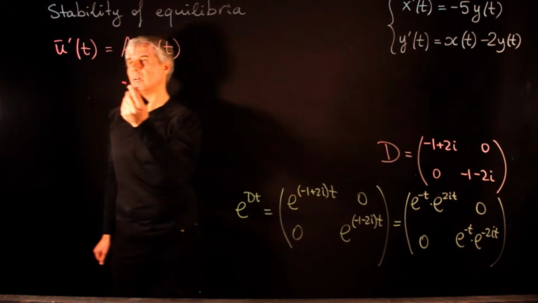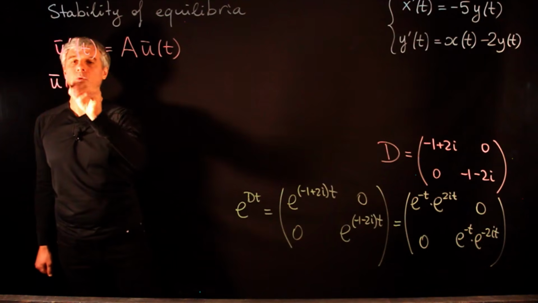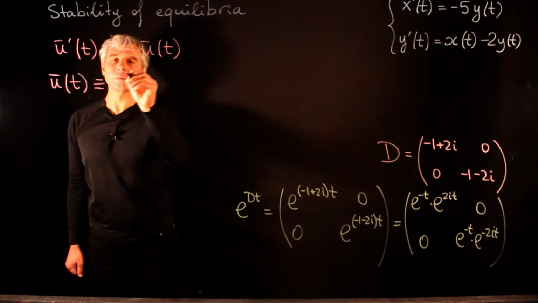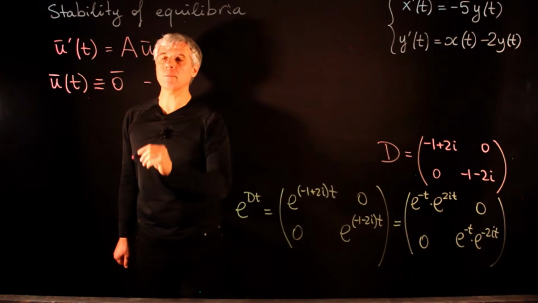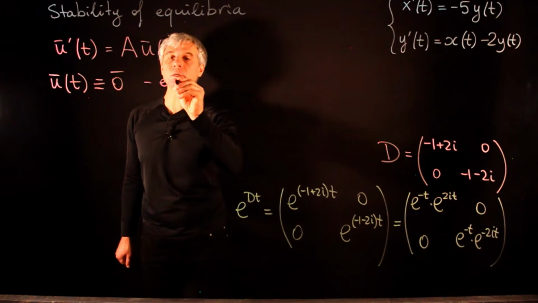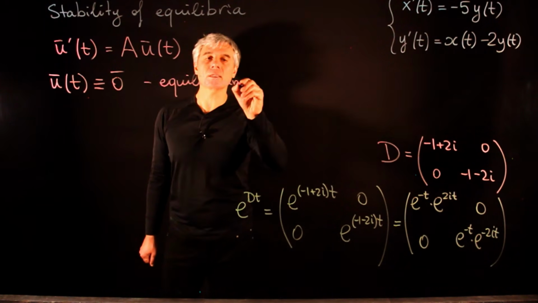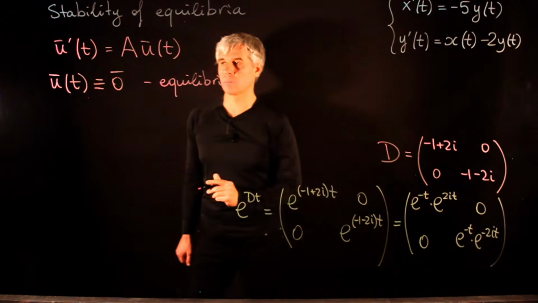This tells us that we have a constant zero solution. So if we take u of t to be constant 0, then this is a solution which may be interpreted as an equilibrium. So this means that this is a solution that does not evolve in time.